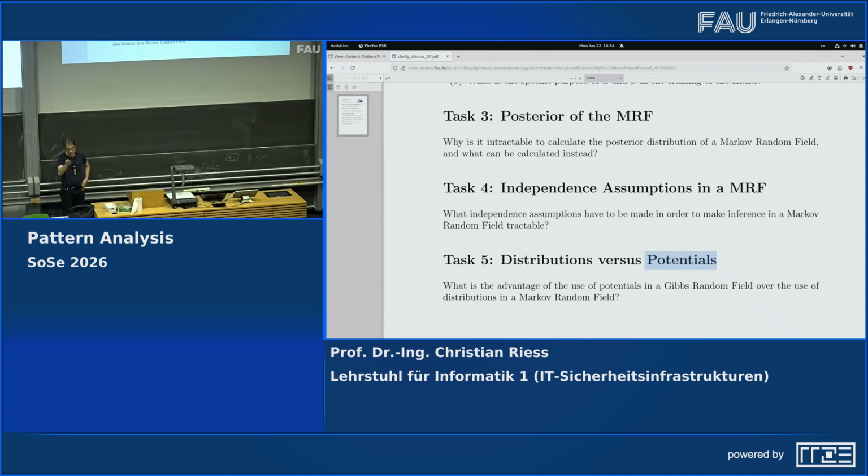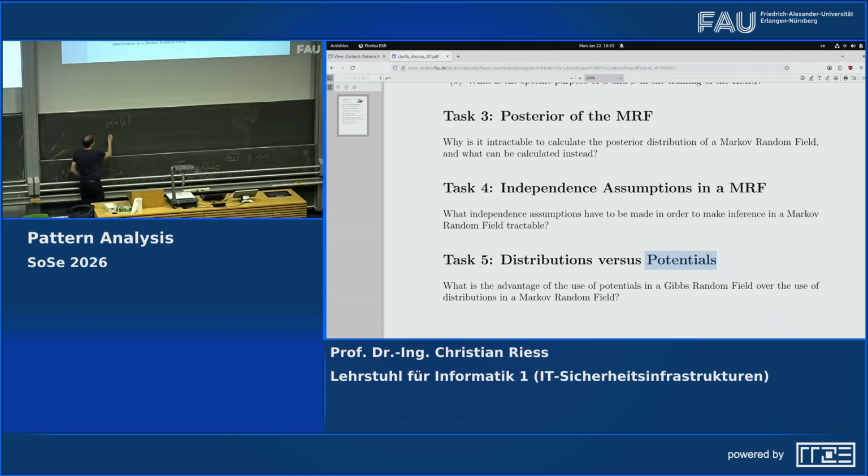If we take the example of the denoising, in a Markov random field, we have two types of distributions that we would need to specify. One distribution would be the data term, which would be the likelihood in the Bayesian sense, the likelihood that we're seeing pixel xi, that intensity, given that the hidden label is this and that.